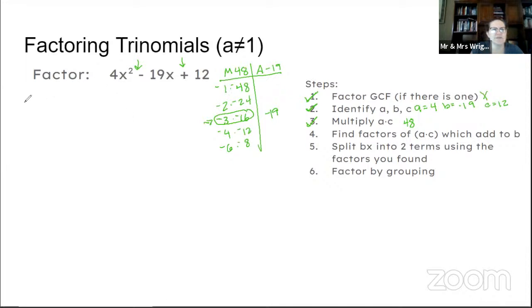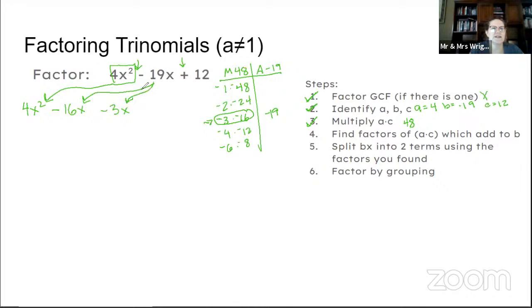So let's rewrite this. Our first term is 4x squared. Nothing changed about 4x squared. It stayed exactly the same, right? Then I want to put 16 first because 4 and 16 just look like they go together. So I'm going to put negative 16x, okay? And then I'm going to put negative 3x.